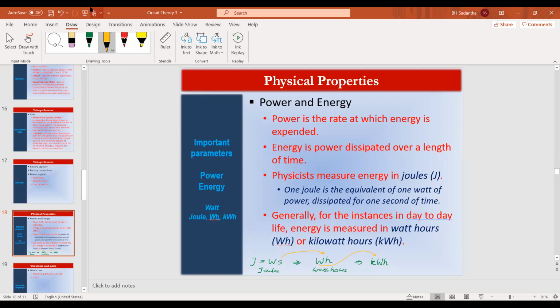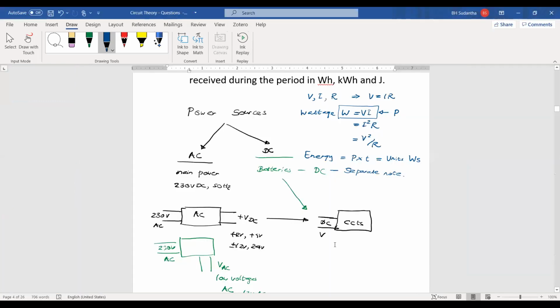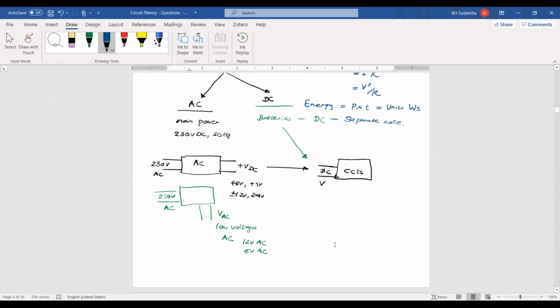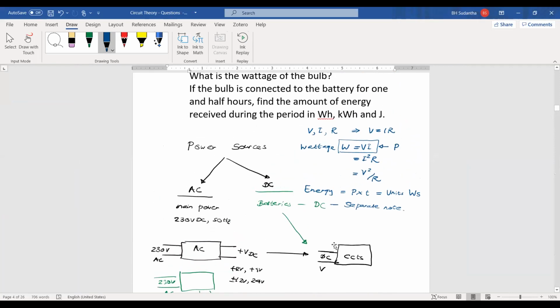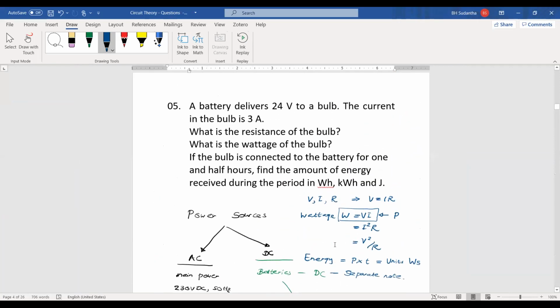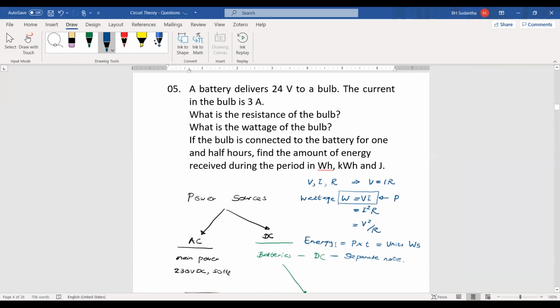Okay. Shall we go back to the question? Is it okay? When you do this example, you can easily understand, and it's not a new thing. Can you see the question?